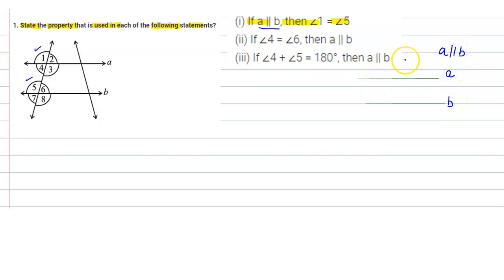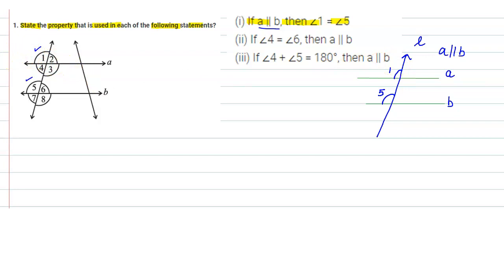Now you can see that this line, let us suppose this is L, is intersecting these two lines at two different points, and angle 1 and angle 5 over here, these two angles are on the same side of the transversal, right? And these two angles are in the same direction also.